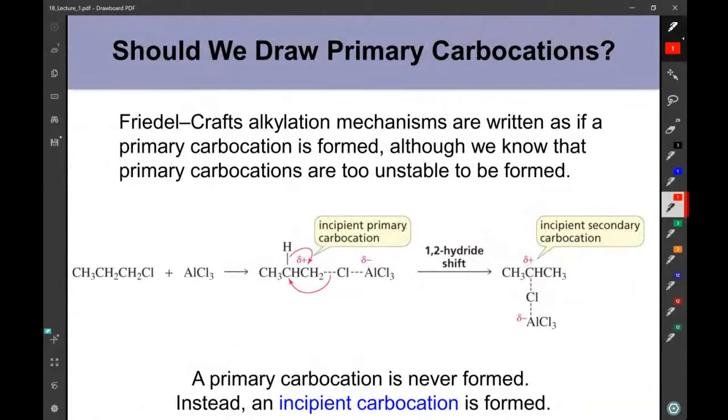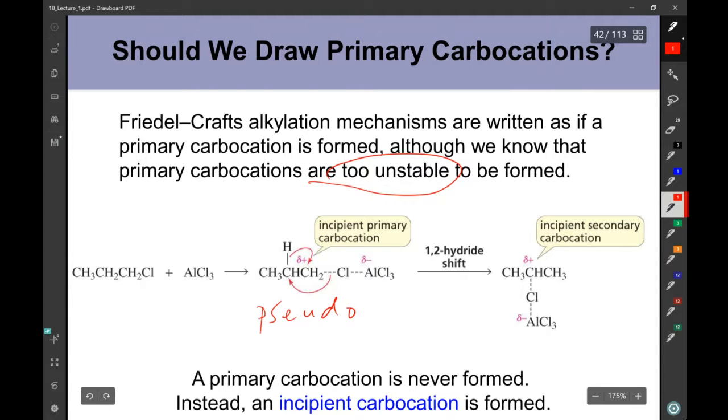Now, like I said, primary carbocations are very unstable. So for Friedel-Crafts alkylation, the mechanisms are written as if the primary carbocation is formed, but technically you don't form it because, like I said, they are too unstable. And so you create a fake, I will call that a pseudo.